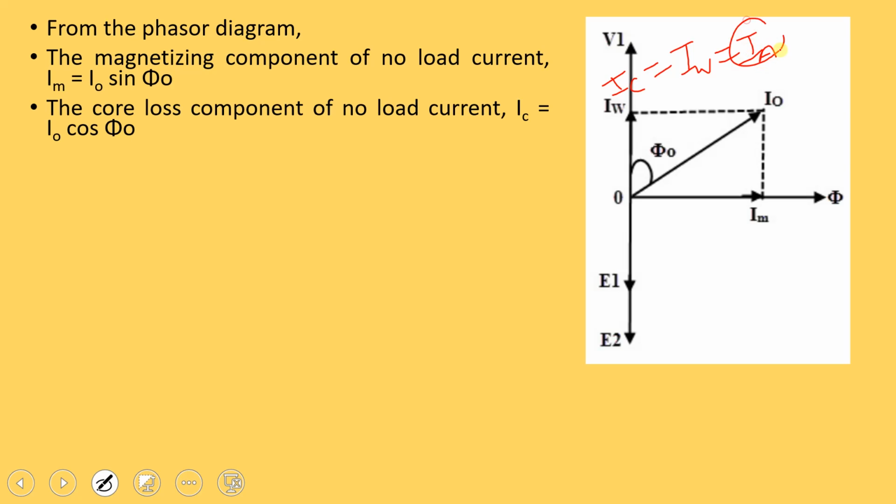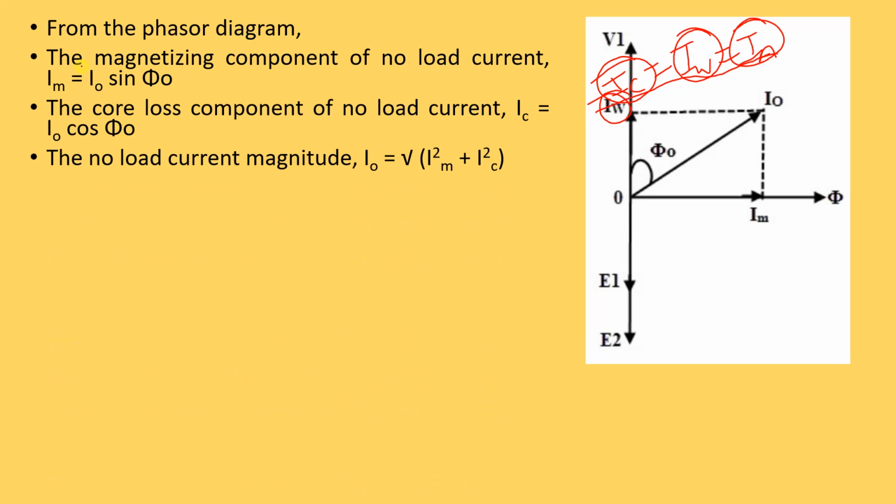It is the active component, working component or core component. It varies from book to book, so here it is written IW, or we can say IC. It is equal to I0 cos phi naught.